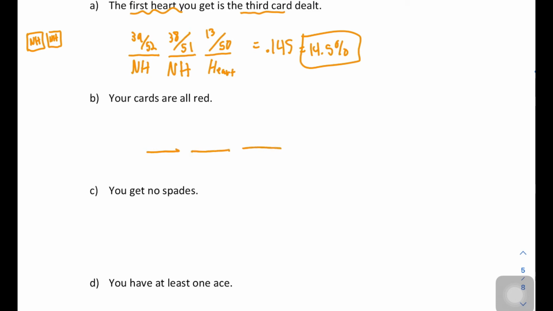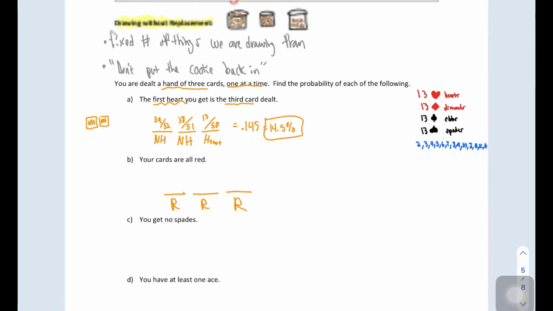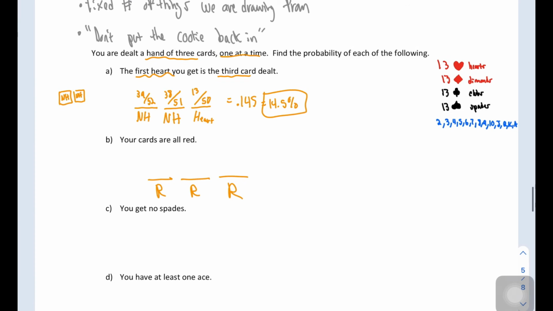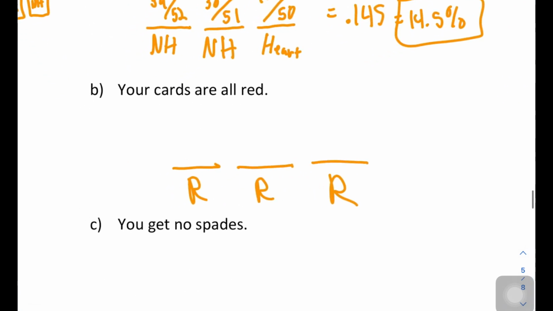So your cards are all red. So we want this to be red, this to be red, this to be red. Well, looking at my layout, I know half of them are red, so 26 out of 52. Okay, but now I picked a card, so now there's only 51. And I also picked up a red card, so now there aren't 26 red cards left, now there's only 25.